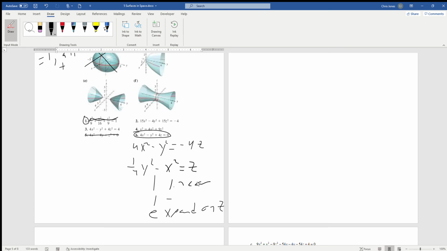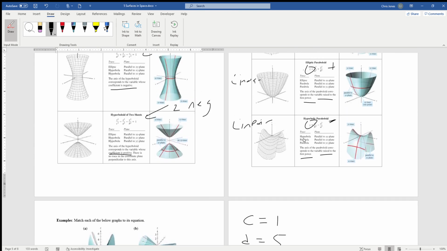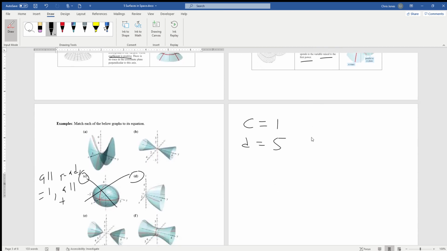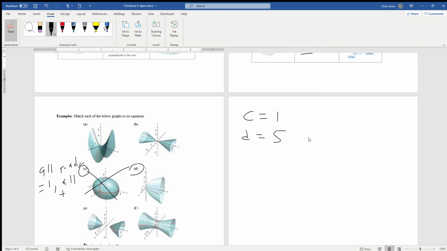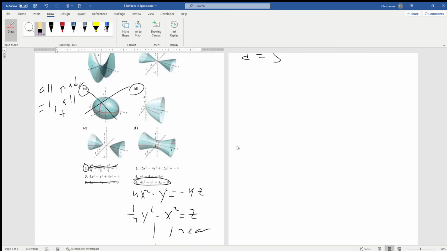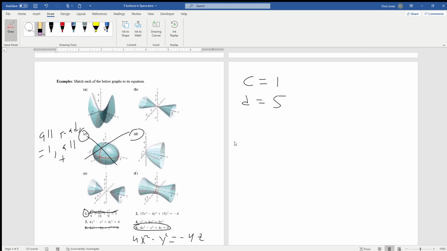If we look back up here, clearly that's going to be the hyperbolic paraboloid because it's the only other one with a linear term, but it should expand along the z-axis, and this one does indeed. Notice that this shape is going up on the z-axis, so that's how we know we have the correct one. So number 6 is going to be equal to A.